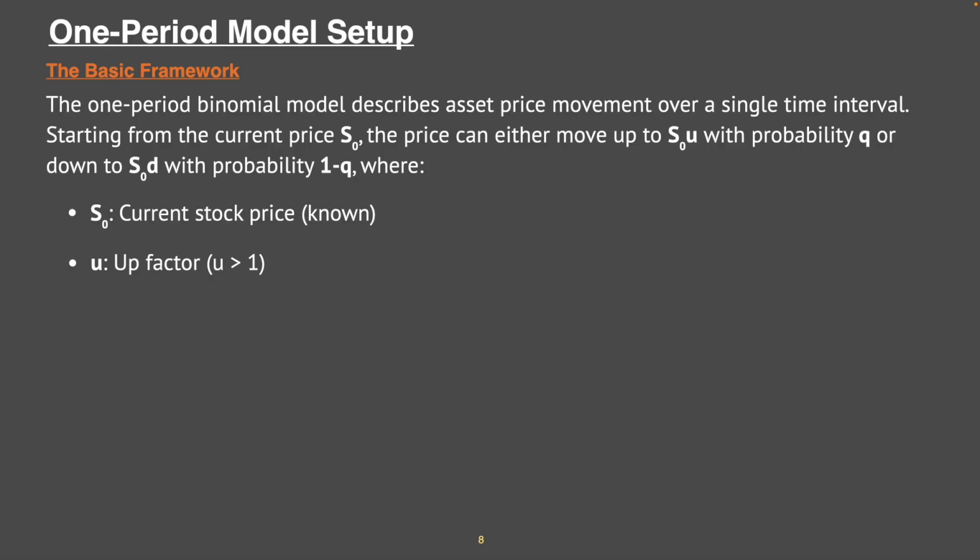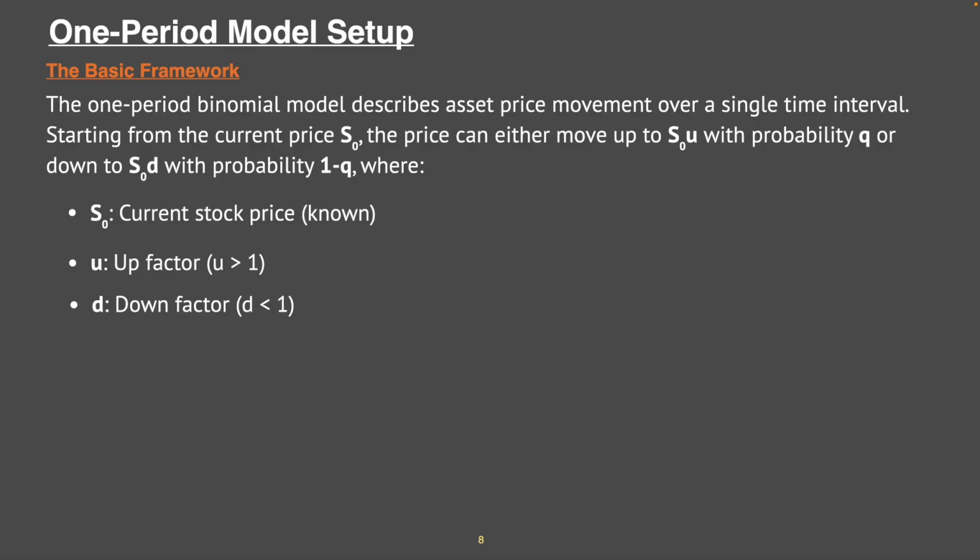The value of u should always be greater than 1 because we are considering the price is going to move up. So u should be either 1.05, 1.1 or 1.2. Then only the price will move up.